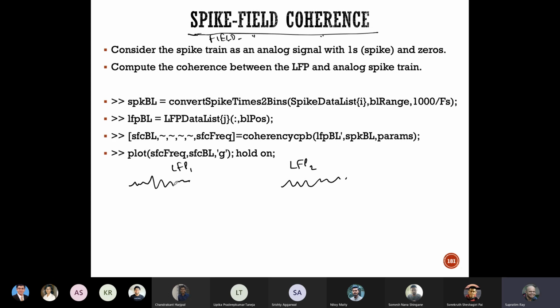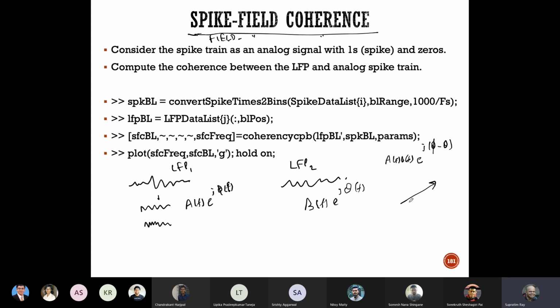So if you decompose this signal into a bunch of oscillations, and each one is some oscillation like this, A_f e^{jφ_f}, and this is B_f e^{jθ_f}, you would take the cross spectrum. So the cross spectrum would be A_f B_f and then e to the power j(φ minus θ).